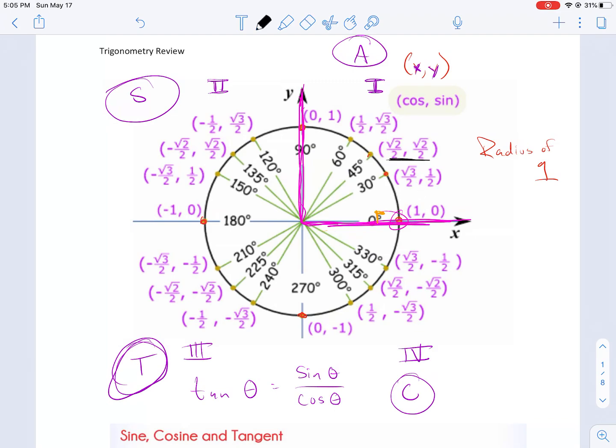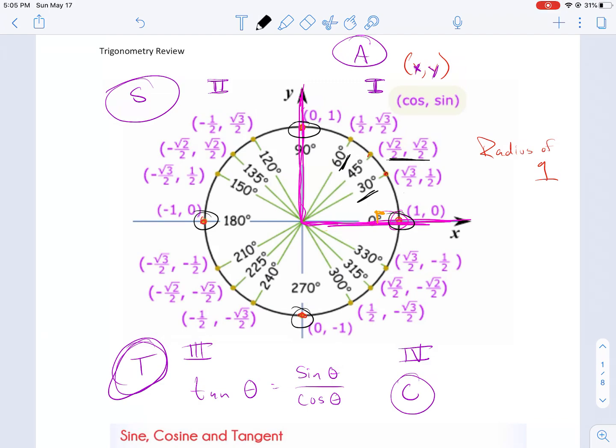And if you notice, 45 degrees is cool because it has just square root 2 over 2 and square root 2 over 2. So if you can remember 45 degrees, 90 degrees, well, 0 and 270, all of those, then all you have to really try to memorize are these two. Now if you notice, they're the same values, but they just get flip-flopped.